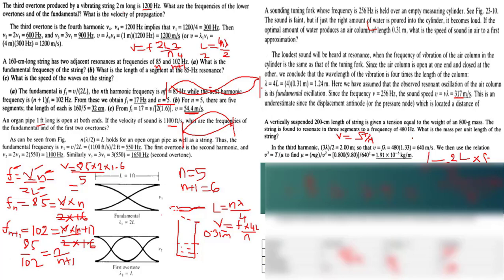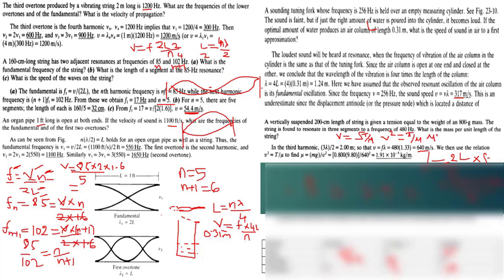So solving for that, we get the velocity as 640 meters per second. So coming back to our formula, if we square this, we know that V squared ni sawasawa na T divided by mass per unit length.